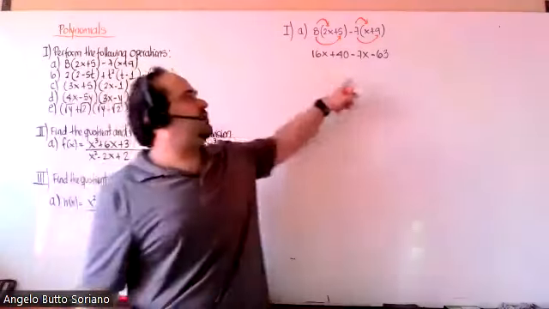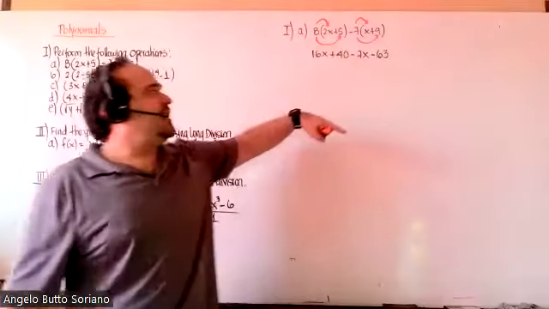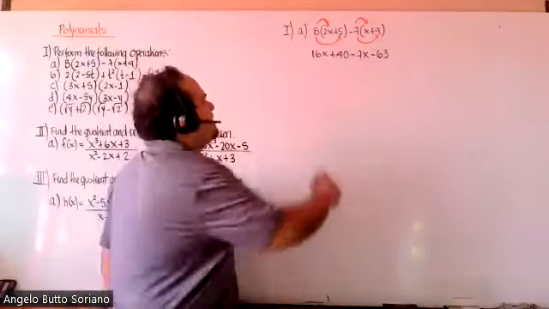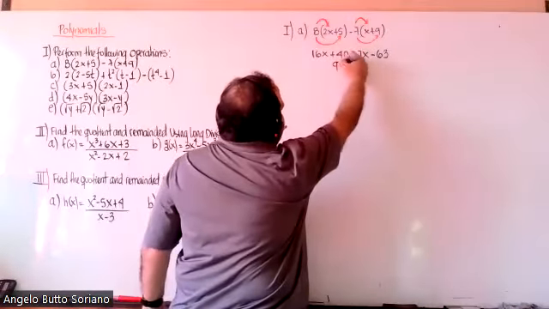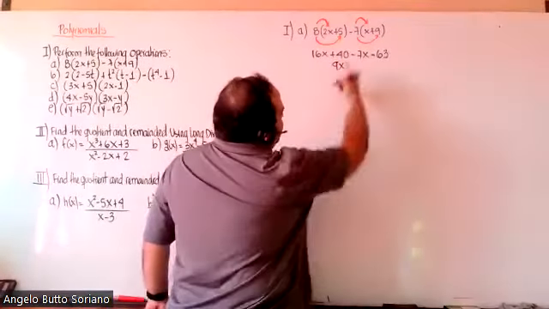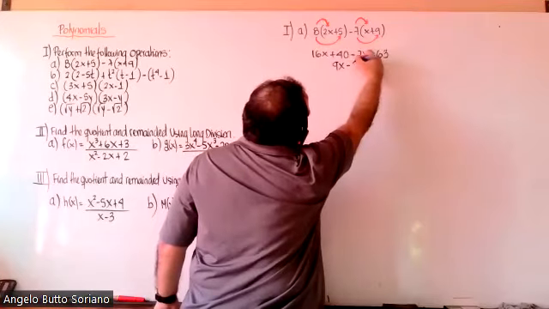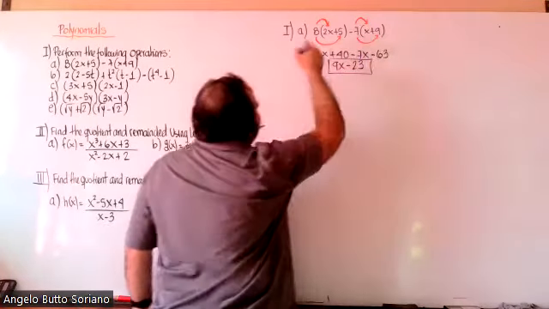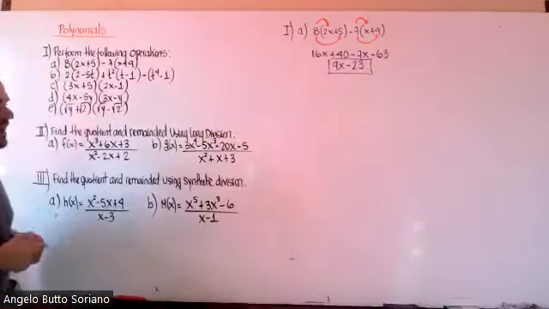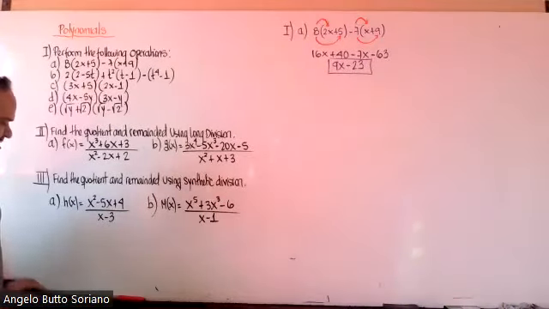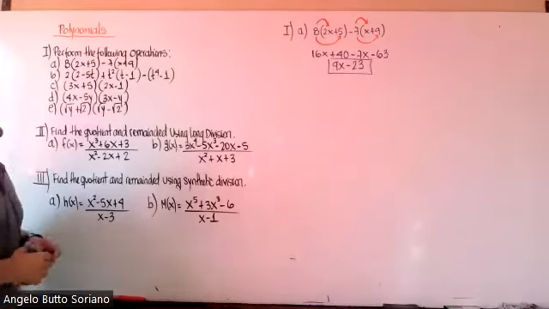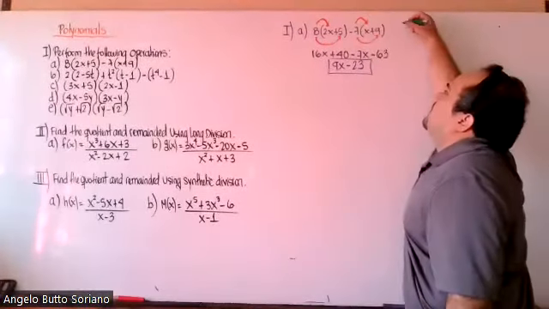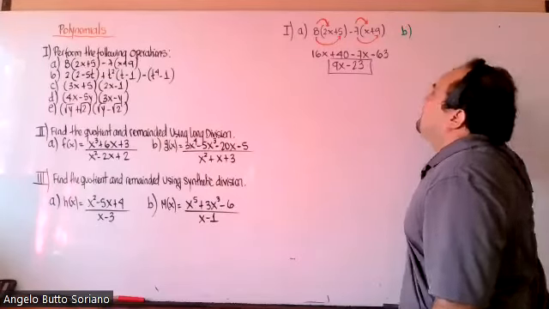The letter x is subtracted or added with the letter x, and the numbers with the numbers. 16x minus 7x, the answer will be 9x. And 40 minus 63 will be negative 23. And this is going to be the solution set for the first part, I mean, the letter A. If you have doubts or questions, don't hesitate to let me know, okay?